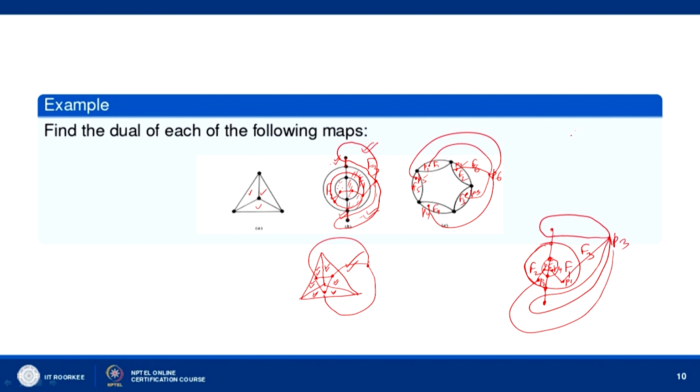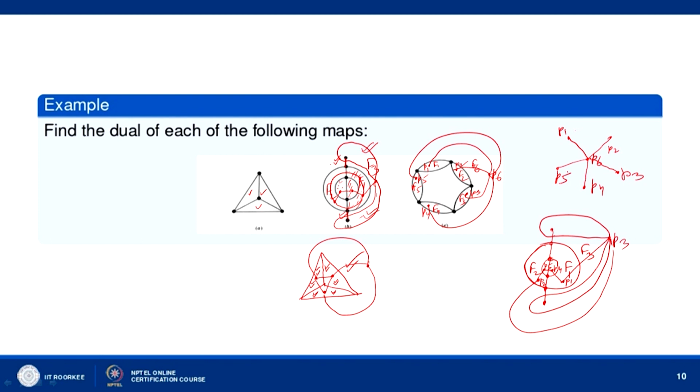P6 is joined to each one of them: P6 is joined to P1, to P2, to P3, to P4, and to P5.